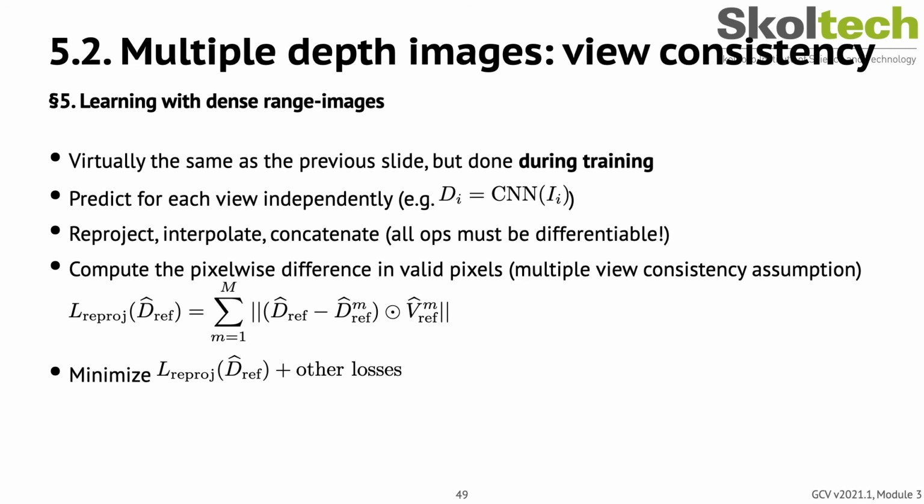And what we do is we compute the pixel-wise difference in valid pixels, which expresses the multiple view consistency assumption, by computing this loss in each of the reference images, and we minimize this loss, adding it with a small weight to all of the other losses that we're using. That might be a smoothing loss or a target loss or whatever else.